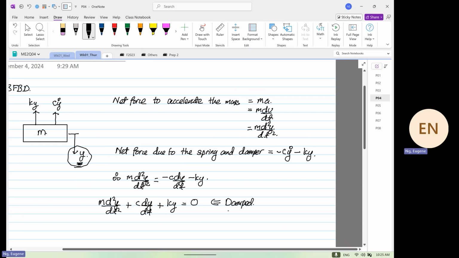Why is it damped? Because we have a c. Unforced, because this is equal to 0. Mechanical system.